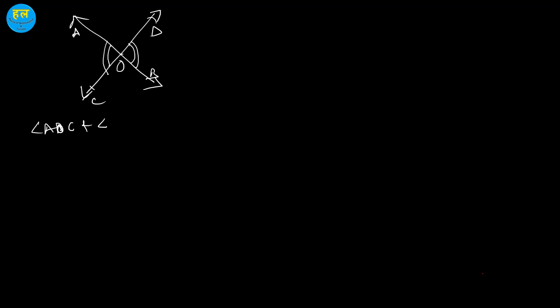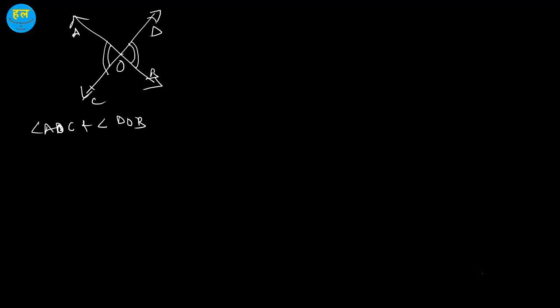Next, let us assume these are two lines which are crossing each other at a point O. The lines are A, B, C and D. We know that when two lines cross each other at one point, that is called O, they will make angles to one another, like this one, that is angle AOC and angle DOB.